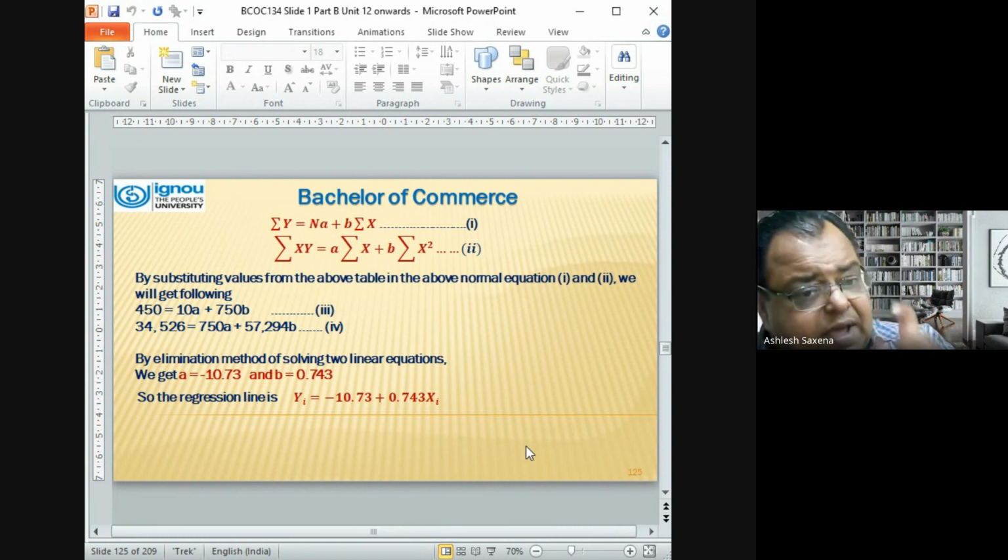You have to eliminate a and b. By the method of elimination, you can solve these equations, and you will get the value of a as negative 10.73 and b equal to 0.743. That means your equation will become y is equal to minus 10.73 plus 0.743x.